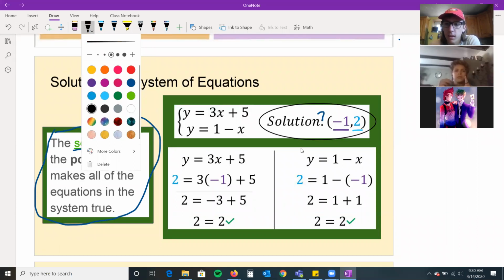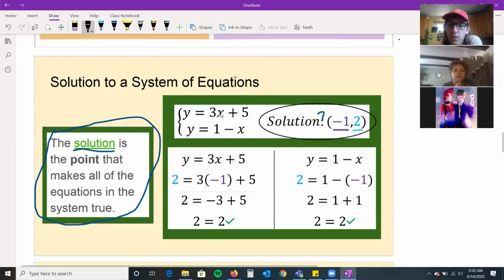So look here. We've got y equals 3x plus 5. That's our first equation. This is an x and this is a y because it's a coordinate pair. x is -1, so I'm going to substitute that in right over here. You guys see that?